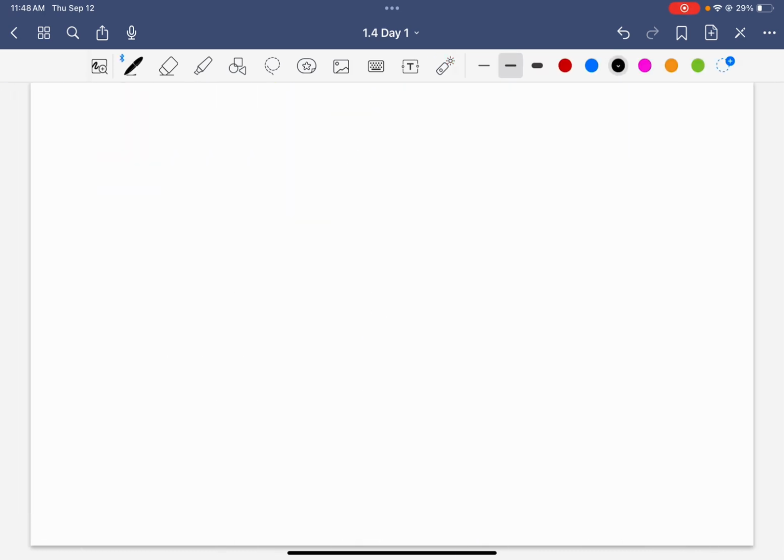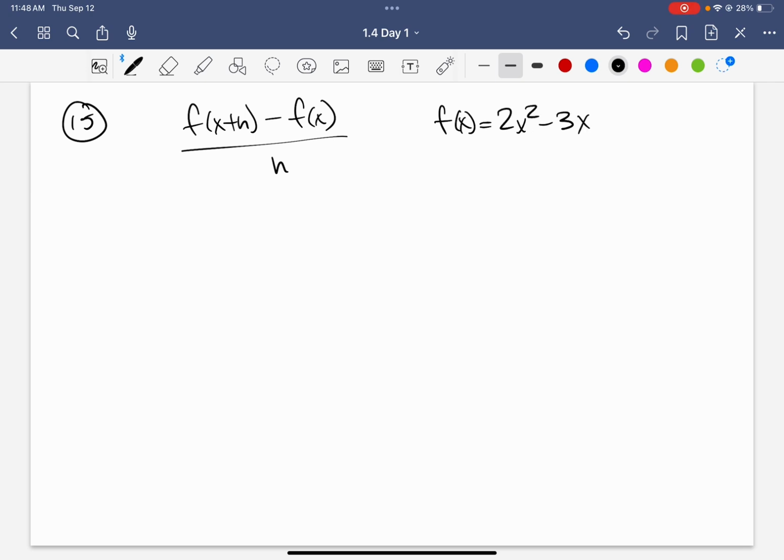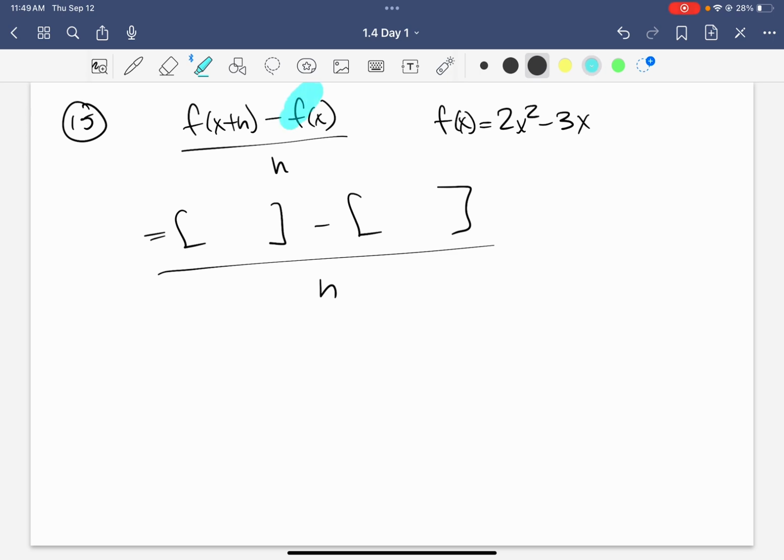So if we look at number 15, so 15, again, wants you to find the average rate of change. It said f at x plus h minus f at x over h for the function f of x is equal to 2x squared minus 3x. Well, we're just going to have a chunk of stuff minus a chunk of stuff over h. Well, notice we already know what f of x is.